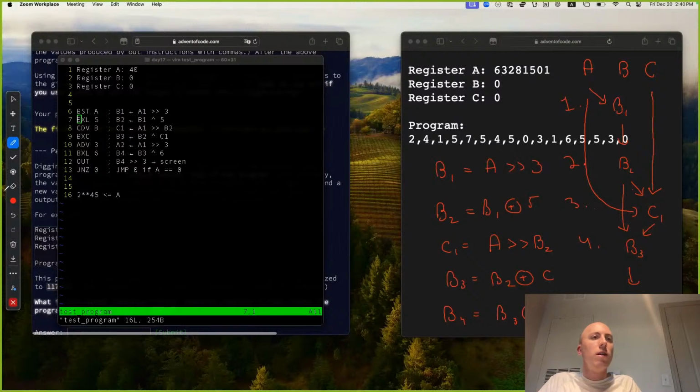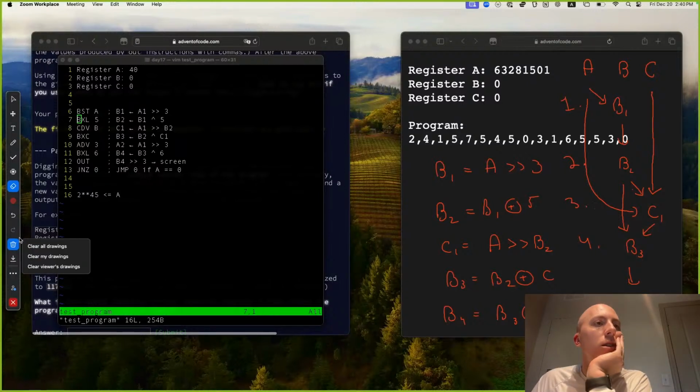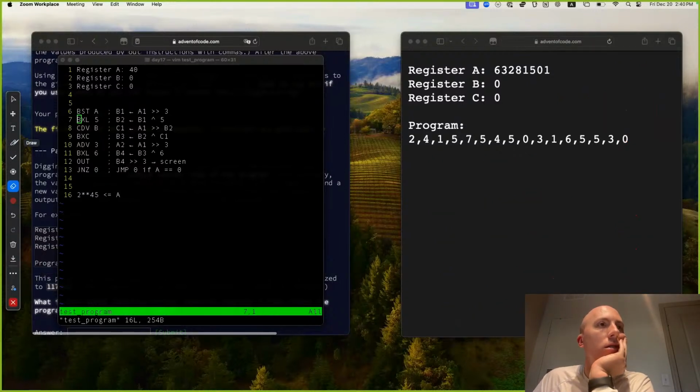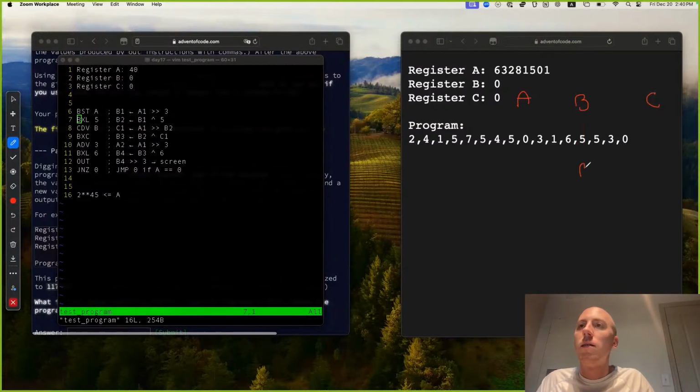It might be helpful to write out the operations too. We have A, B, C. So do B1: this is A bit shifted over by 3.